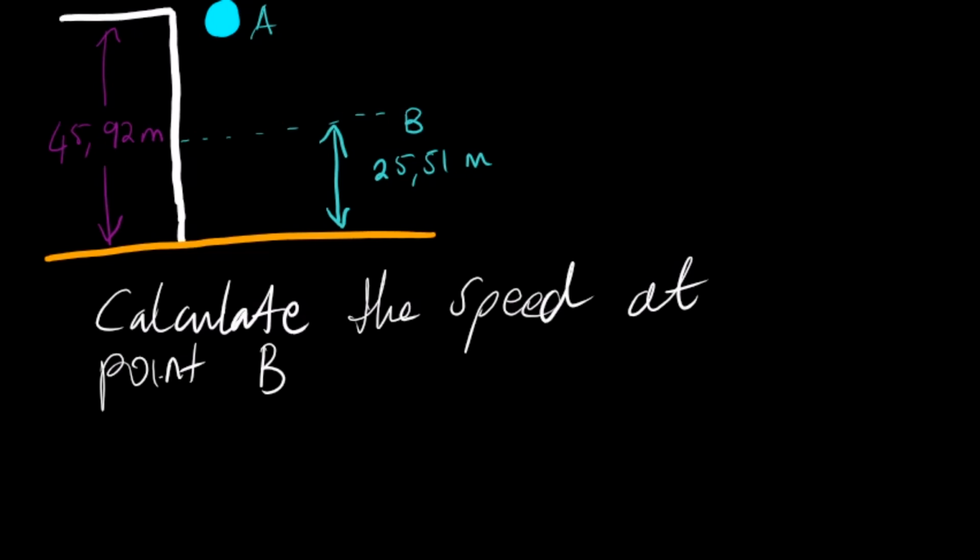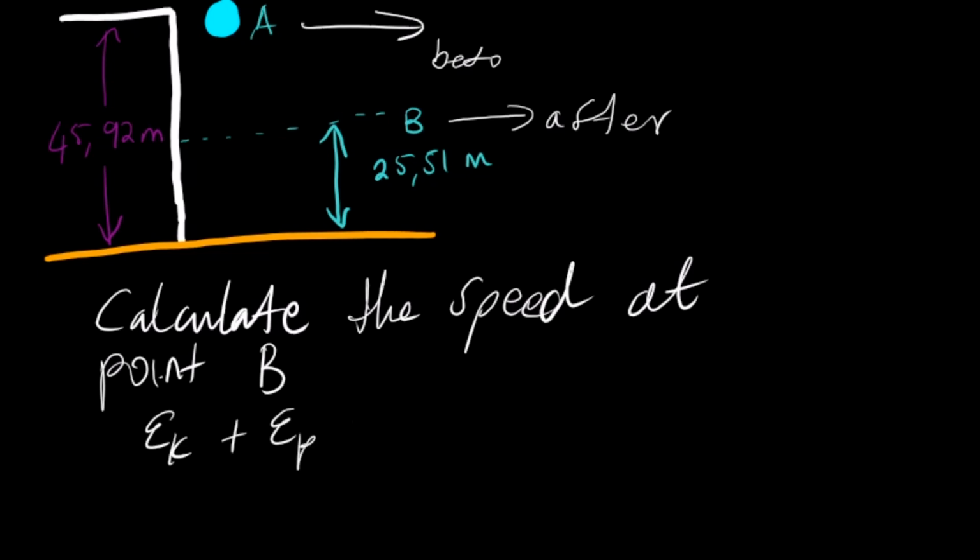How do we do this? We need to use the conservation of mechanical energy. We consider this position as before, and B as after. So we can use this equation, EK plus EP is equal to EK plus EP, whereby here we consider this as before, this is after.